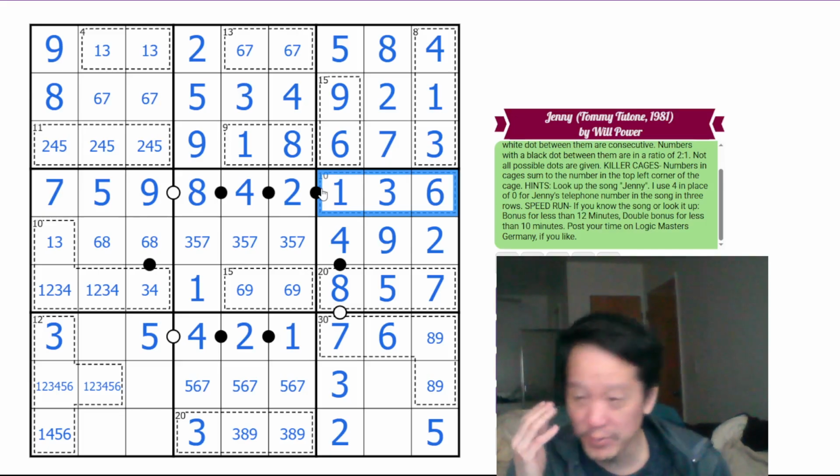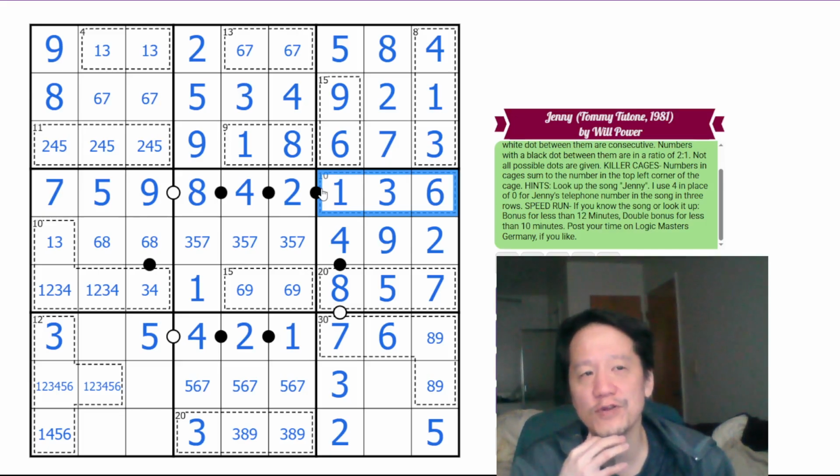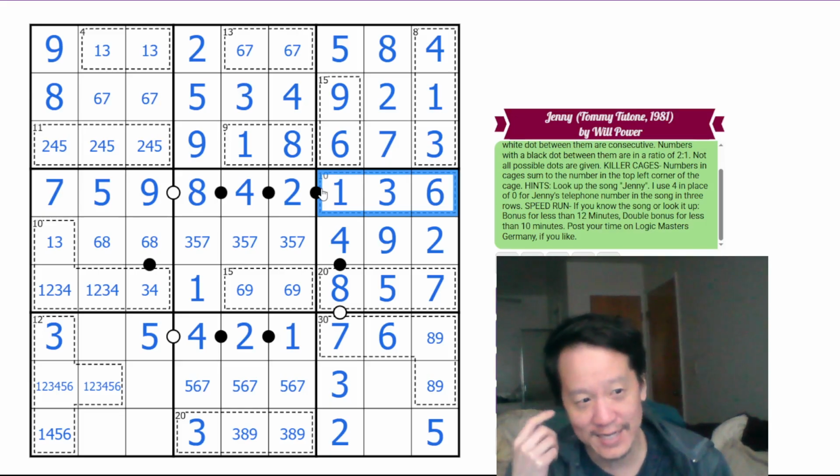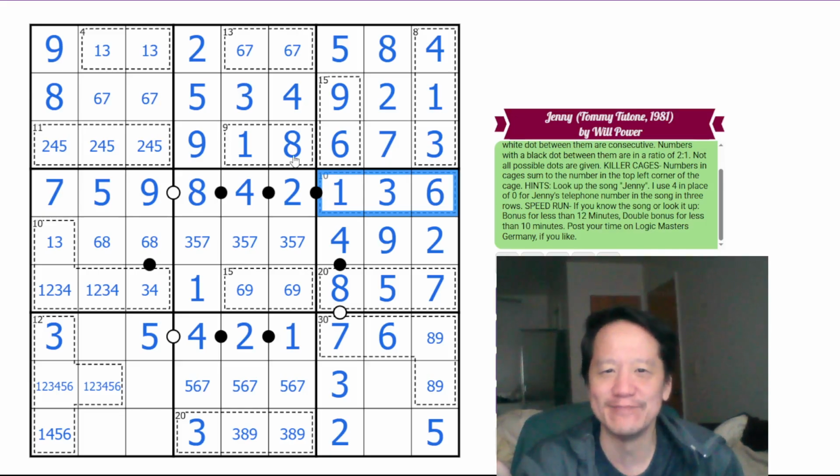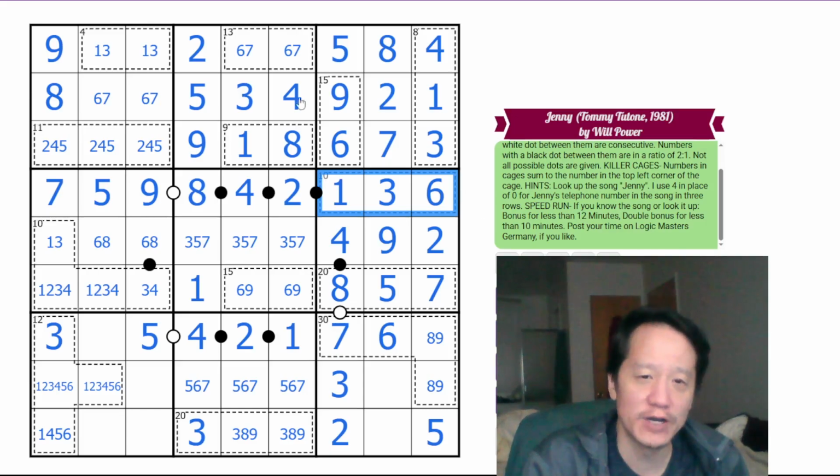I know I've done over 1,000 killer Sudokus, so I guess I've sort of trained myself to basically do it. I wasn't trying to train myself, but I found killer Sudokus a lot of fun, which is why I did a ton of them.